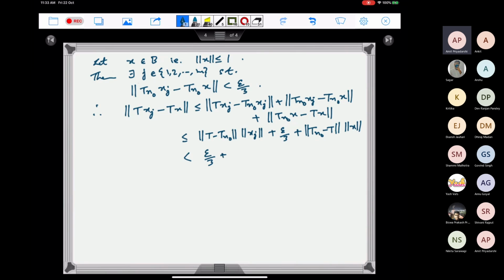So this will give epsilon by 3 plus epsilon by 3 plus epsilon by 3, which is epsilon. So this implies that T of x belongs to the union of balls of radius epsilon centered at Txj. So hence the claim is true.